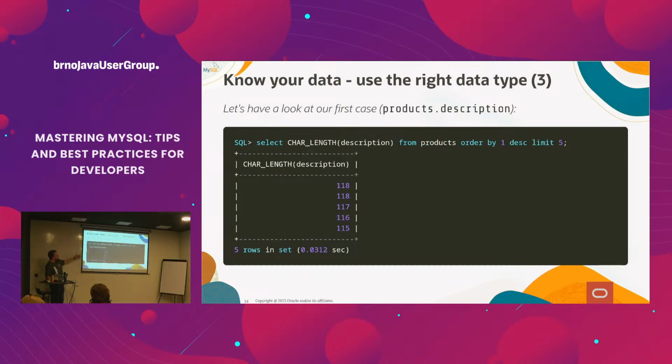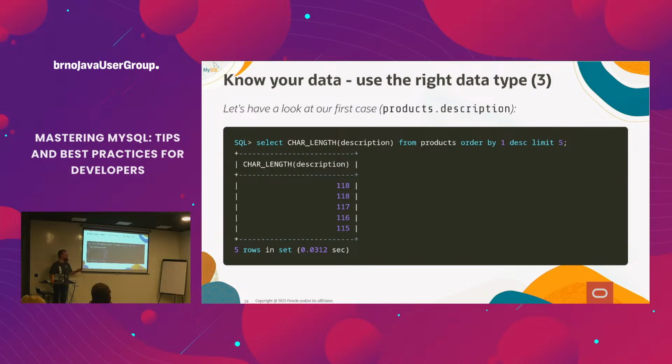So first thing to do is say, okay, let's have a look at this description that Fred just talked about, and we check. We will extract the length of the description, and we will order by it and limit to the 5 longest descriptions. And what we can see is that we expect to have 55,000 characters, and at the end we have the max. It's 118 characters.